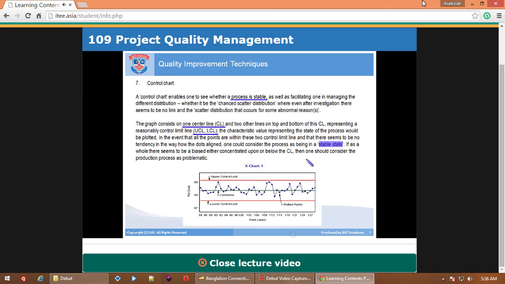Then we can say that the process is in a stable state. On the other hand, if these plotted values are clustered in the upper control limit region or in the lower control limit region, then we can say that the production process is problematic.